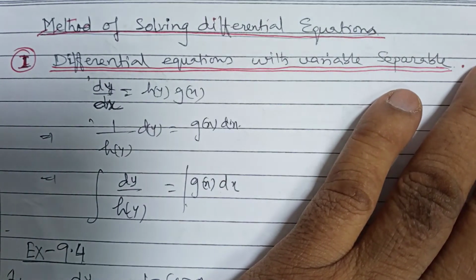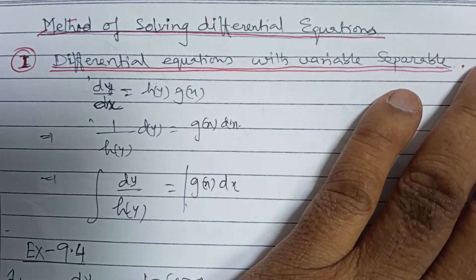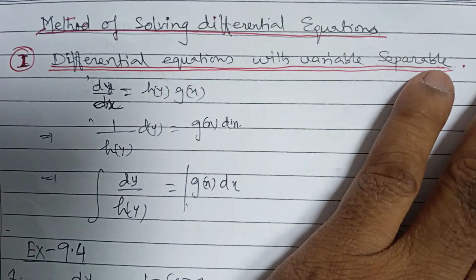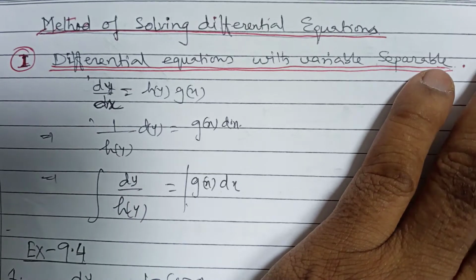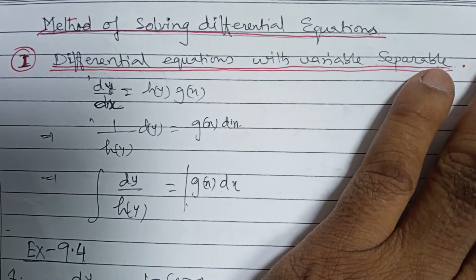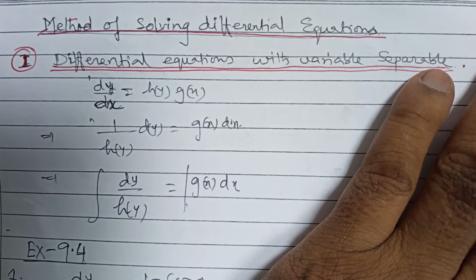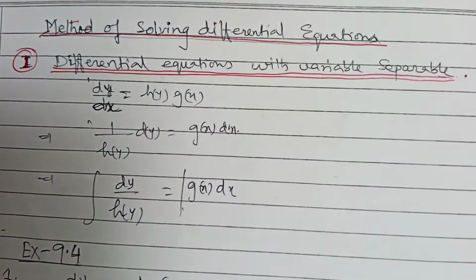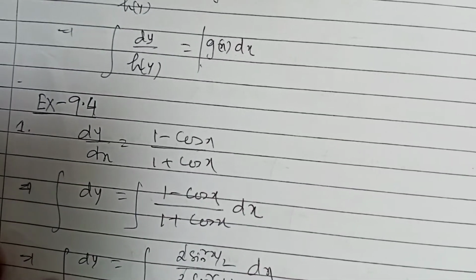If the differential equation is in the form dy by dx equals f(y) g(x), then we separate dy and the function of y on one side, and g(x) dx and the function of x on the other side, then we integrate, like I have given. Next, let us solve some questions.